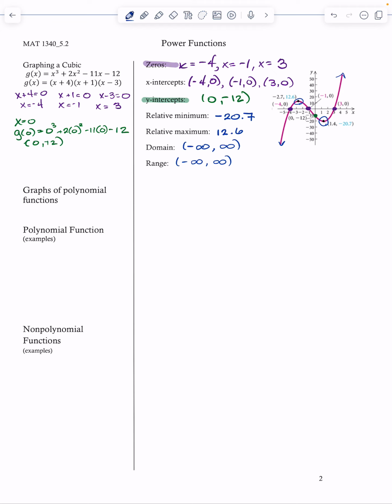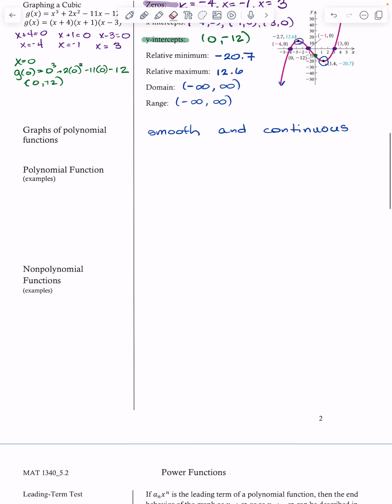So graphs of polynomial functions are smooth and continuous, which means no breaks, no starts or stops, no corners or cusps. So it's going to look like a quadratic. Our cubic.